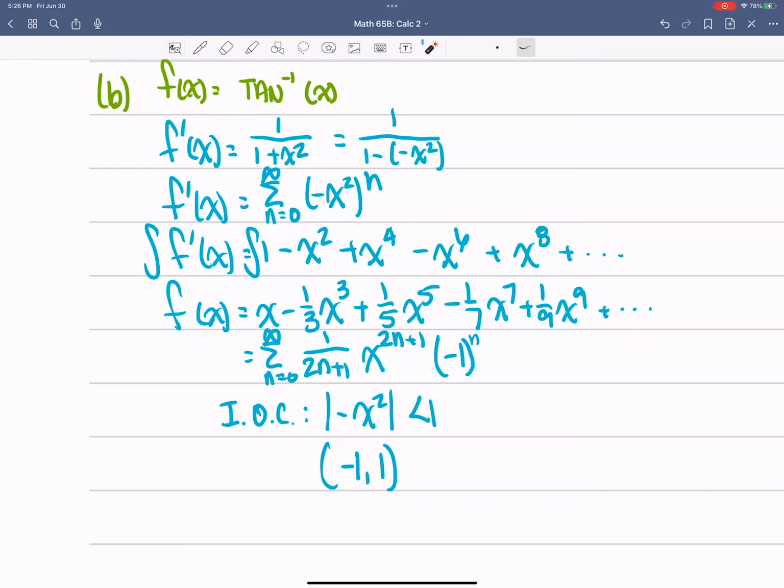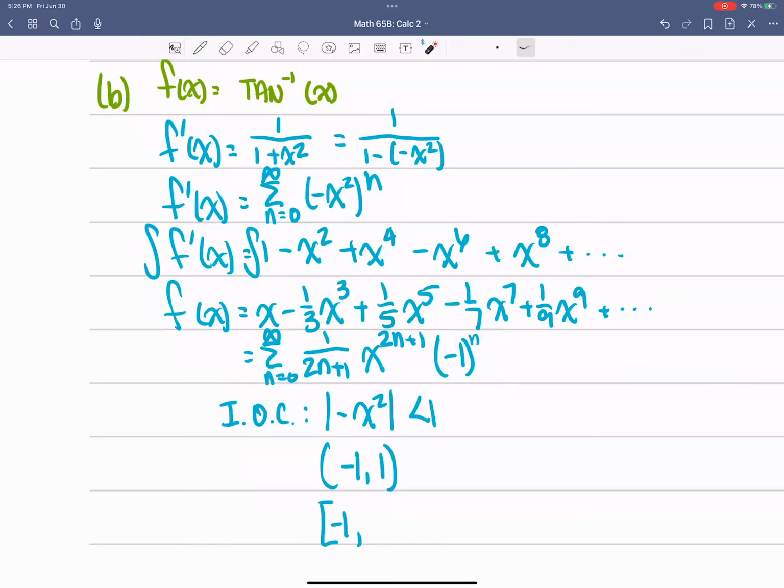In our function over here, so when x is -1, because we're looking at interval of convergence here, it ends up being positive, so we're actually converging at that point.